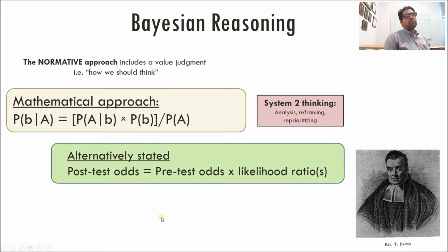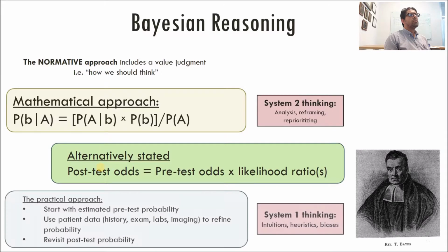Alternatively stated, that approach would be this, which is the most common way we think about Bayesian reasoning, or Bayes' theorem. We have a set of pretest odds, we multiply it by a likelihood ratio or set of likelihood ratios, and we arrive at post-test odds. Now, even still, that involves some math, and that's not always super intuitive to do. So a lot of us use shortcut Bayesian-like reasoning, or Bayesian-lite reasoning, which is more of a system 1 approach.